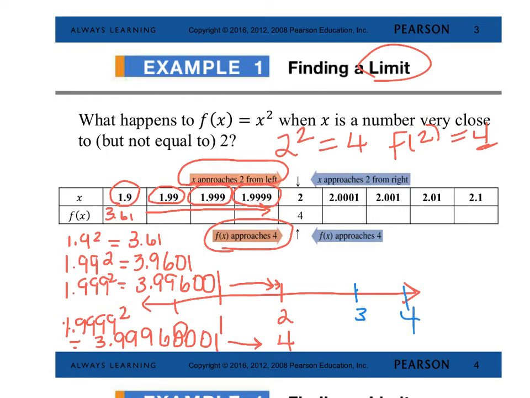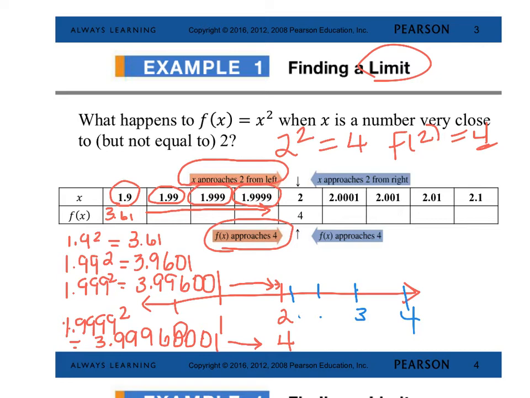So if we approach from the right, we want to get pretty close to 2, so we don't want to do something like 2.5. We might want to try 2.9, but that's closer to 3. So what we're trying to do is get close to 2.